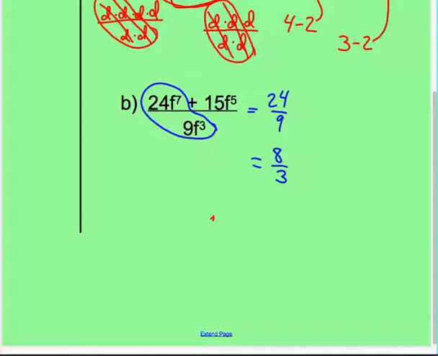So 7 minus 3 gives us f to the 4th. Plus 15/9, which can also be simplified. They both have a common factor of 3. 15 divided by 3 is 5, and 9 divided by 3 is 3. Looking at our exponents, 5 minus 3 is 2, so we have f squared.